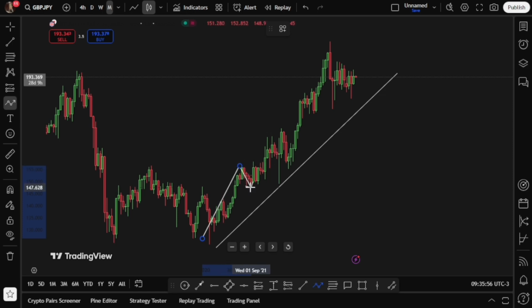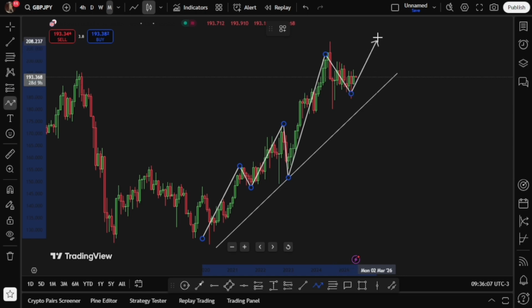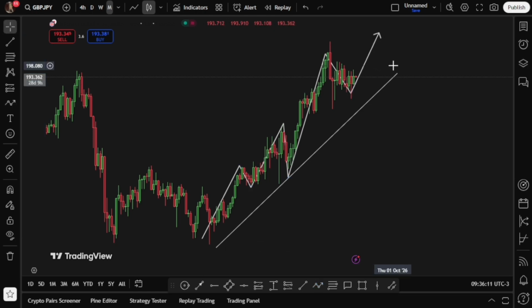A higher high, a higher low, a higher high, a higher low, a higher high, and price is currently creating a higher low to go forward again to a higher high. So that is how to identify an uptrend, a downtrend, and a sideways moving market.